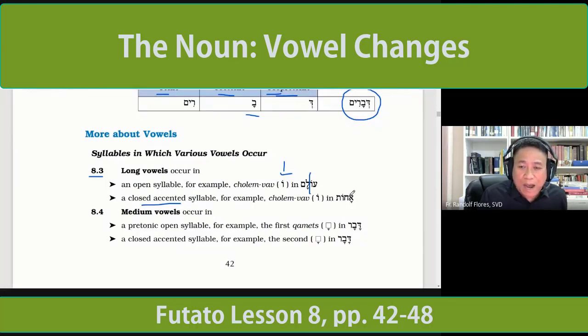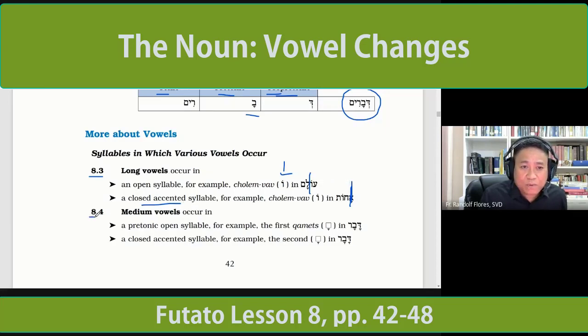So you have achoth, which means sister. Choth is a closed syllable. Holem vav with the tav there is choth. So you have an open long vowel, but also a closed long vowel.